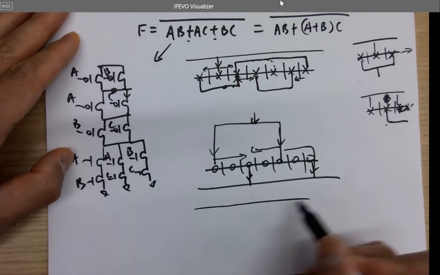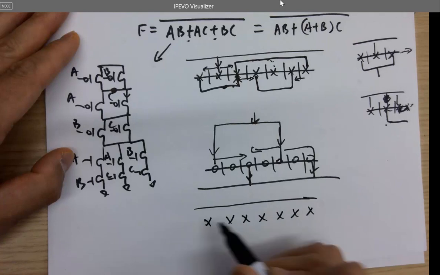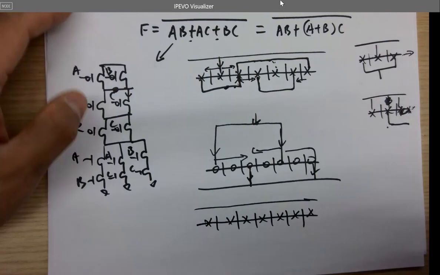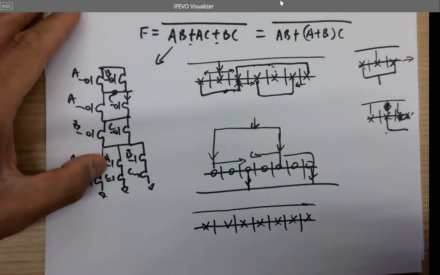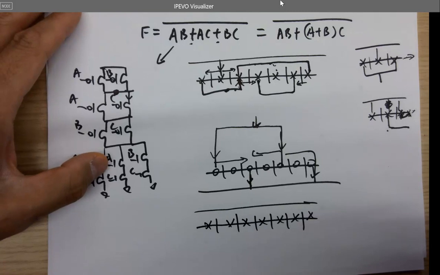Let's try it in a different way. Two in parallel. Can we start in the middle instead of from the side?